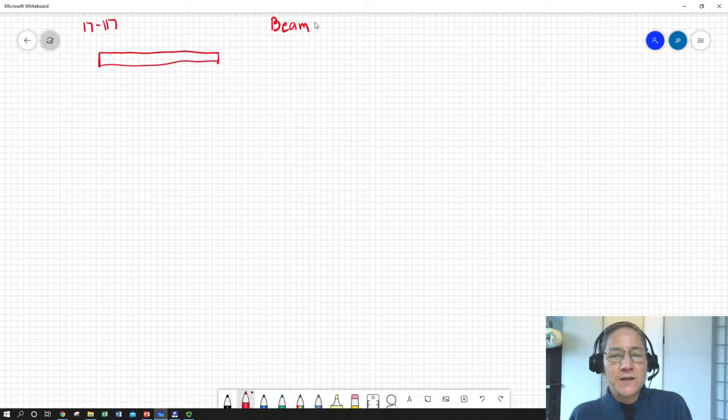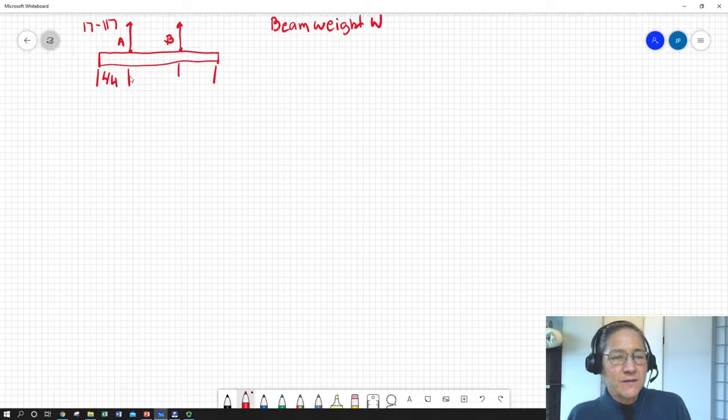It's being suspended, and it has weight W. It is originally suspended from two points, A and B. Those points are basically a quarter of the way from either end, L over 4.